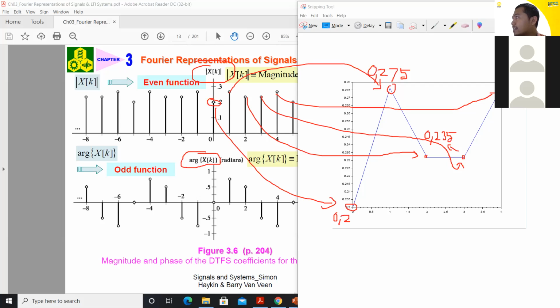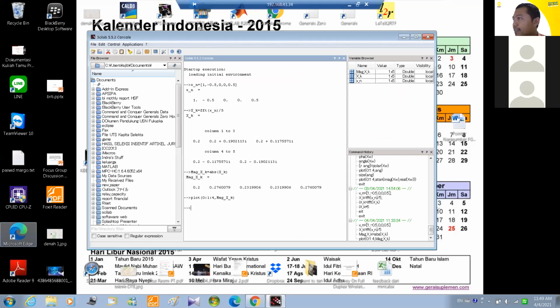Okay, for the magnitude case, solved, and then for the phase of Xk, back to Scilab. We want to compute the phase of Xk. The phase of Xk is the inverse tangent.